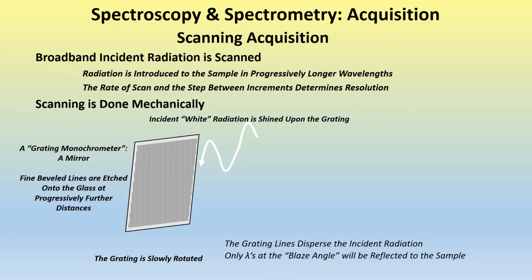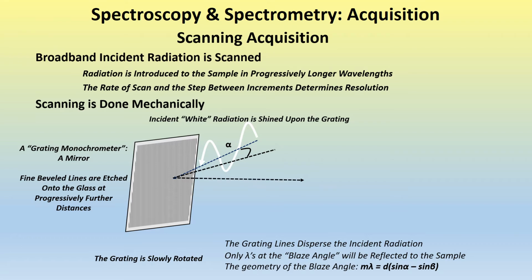The geometry of the blaze angle is as follows. M lambda equals d (sine alpha minus sine beta), where alpha is the angular difference between the incident radiation and the direction of the sample, and beta is the angular difference between the rotation of the mirror and the angle of the sample.